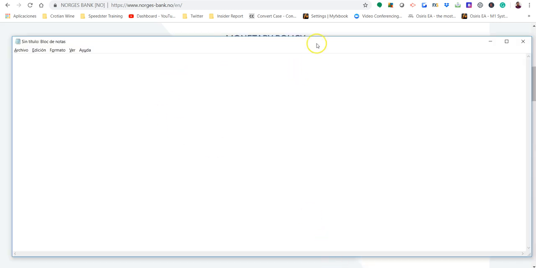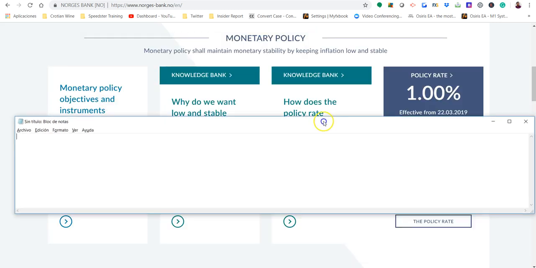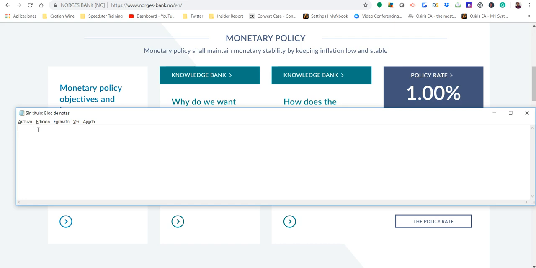So just to take a few notes as we go into this trade of the week idea. Trade of the week, short USD. And then on the fundamental, June 20, Norges Bank, probable hikes.